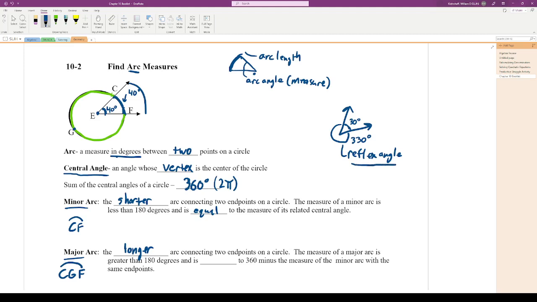It is greater than 180 and it's also equal to 360 minus the minor arc. Just like here we had 30 and 330, or here we have 40, and going around this way we would have 320 degrees. So major arc and minor arc should be familiar concepts, just with new names and maybe new notation.